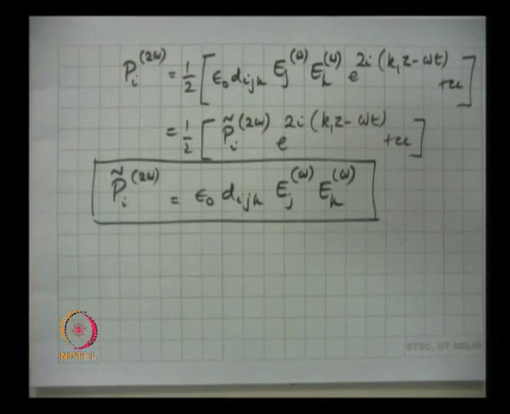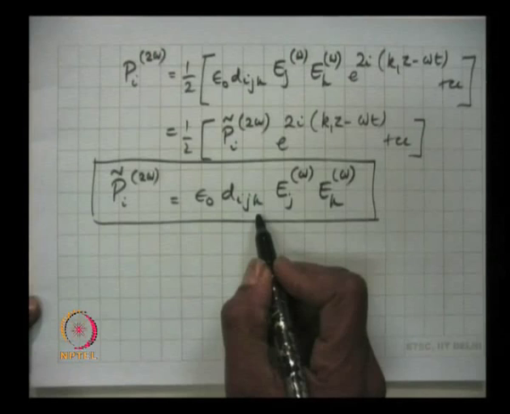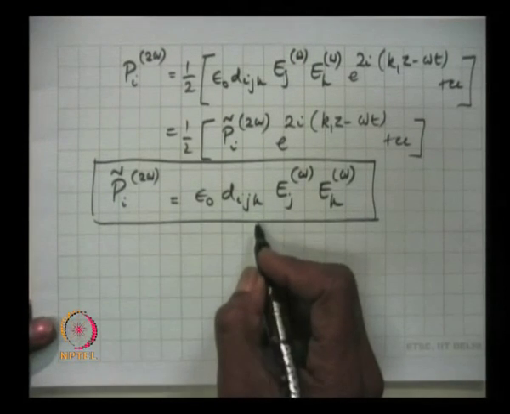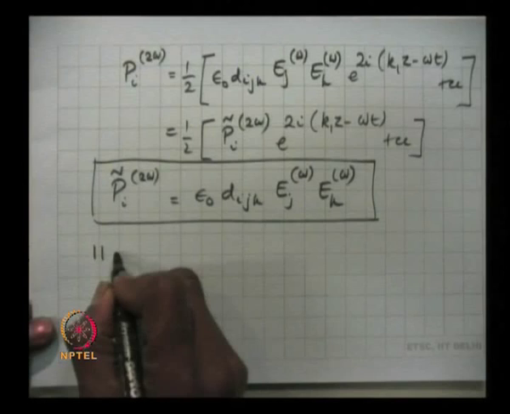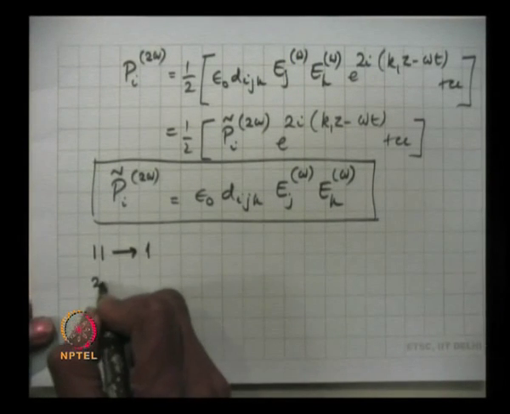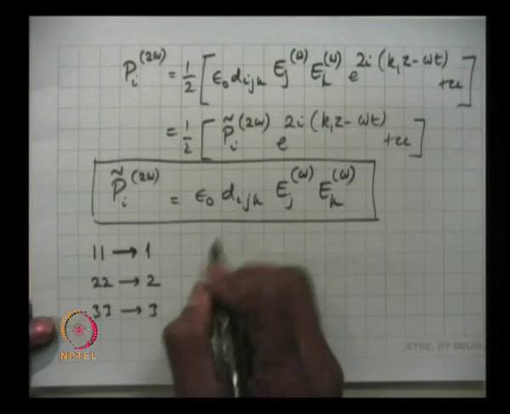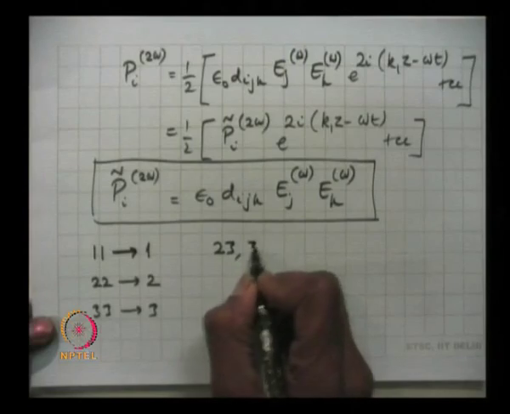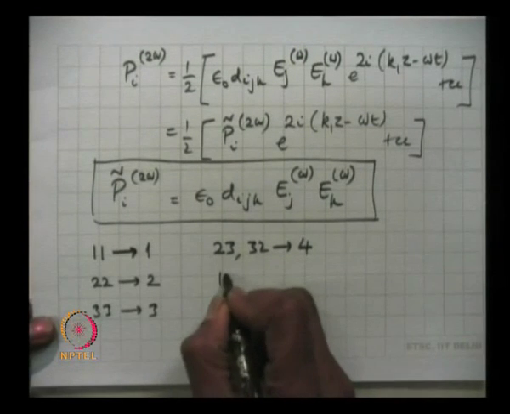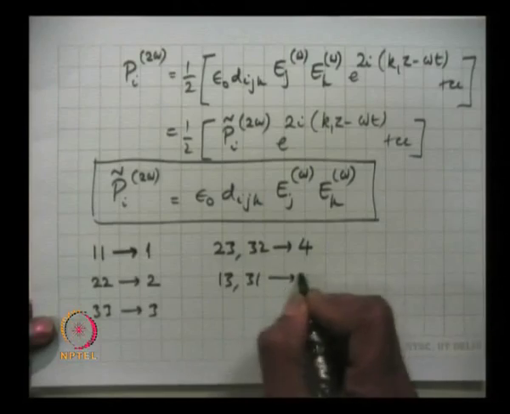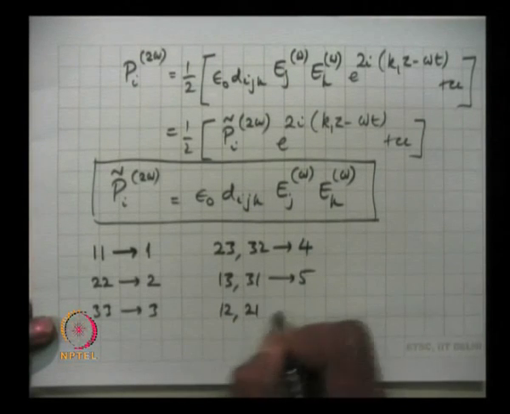So, let me look at an example. First thing is, as I told you, j and k indices can be interchanged because there is no difference between E j E k and E k E j. So, I can actually contract these two indices. There is a particular standard convention for contraction. 11 is represented by 1, 22 is represented by 2, 33 is represented by 3, 23 or 32 is represented by 4, 13 or 31 is represented by 5, and 12 or 21 is represented by 6.